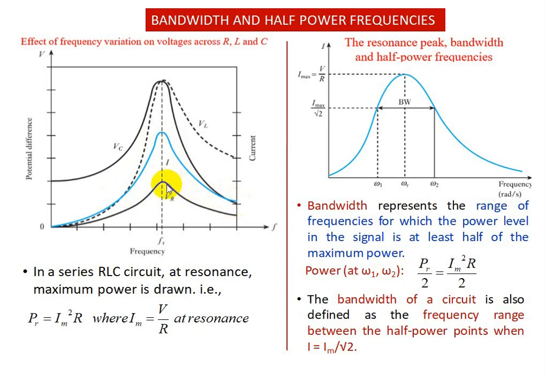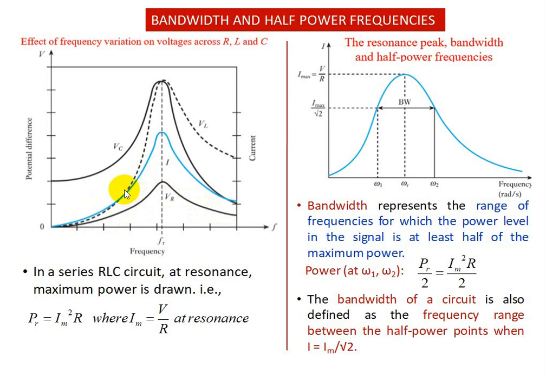The voltage across resistance, since it is nothing but I into R, follows this curve. So the shape of the curve is similar to the current. So the voltage across resistance increases, becomes maximum at this point, again decreases.